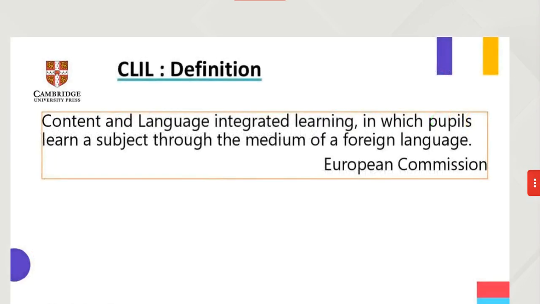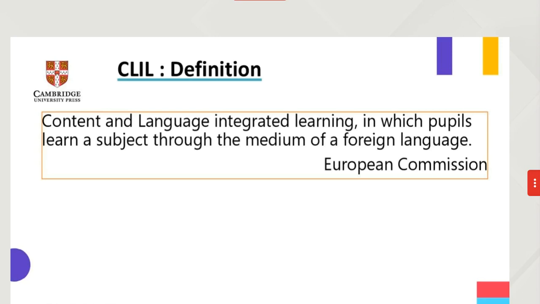Here we have a definition of what CLIL is. According to the European Commission, content and language integrated learning is that in which pupils learn a subject through the medium of a foreign language. But I think this seems a little bit simple. Why?